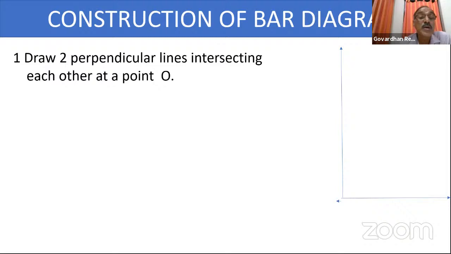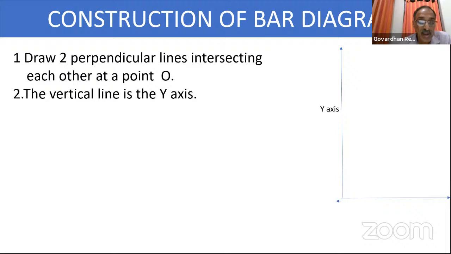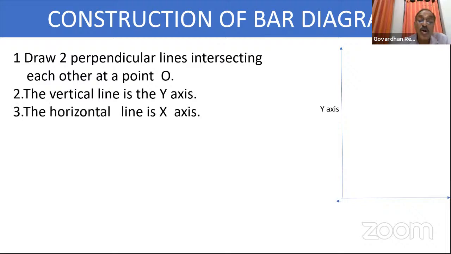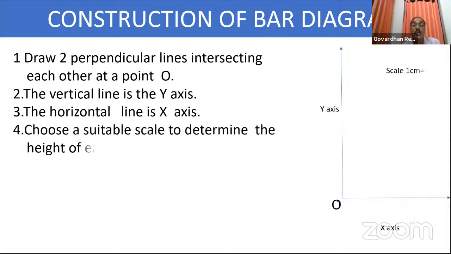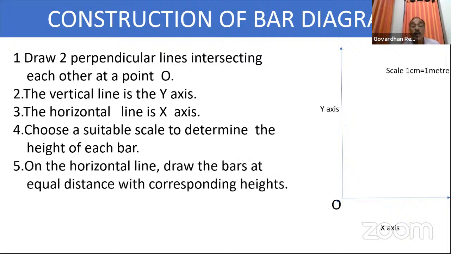That point should be termed O. The vertical line, from down to up, is the y-axis, and the horizontal line is called the x-axis. The point where the 2 lines meet is O. Choose a suitable scale to determine the height of each bar. On the horizontal line, draw the bars at equal widths with corresponding heights. The height should be represented on the y-axis and the bar should be drawn on the x-axis, like this.